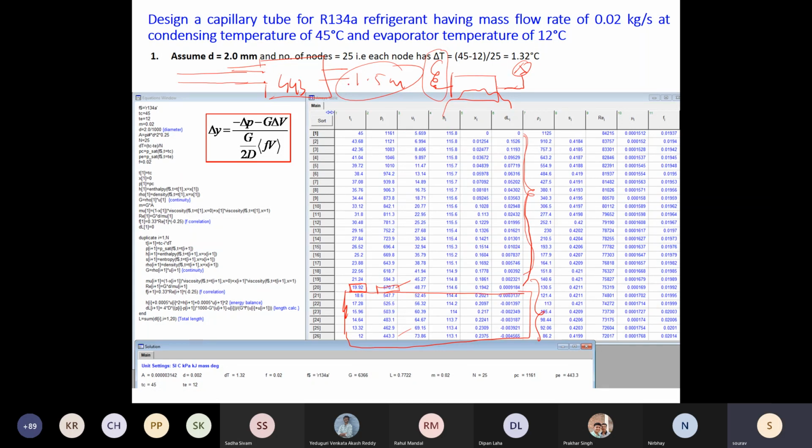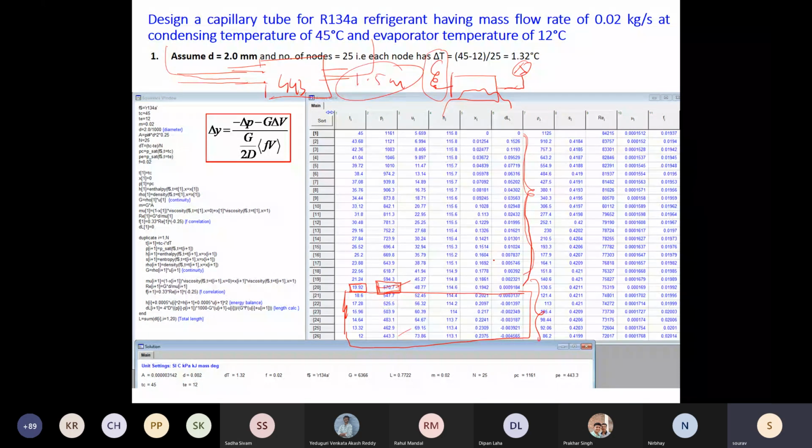Okay, so till the evaporator pressure of 570 kPa, your capillary tube at that particular condition is balanced with your desired mass flow rate, that is 0.02 kg per second. But if you are demanding 0.02 kg per second at 443 kPa, okay, so this is what will happen. This capillary can provide you 0.02 kg per second at 570.7 kPa.